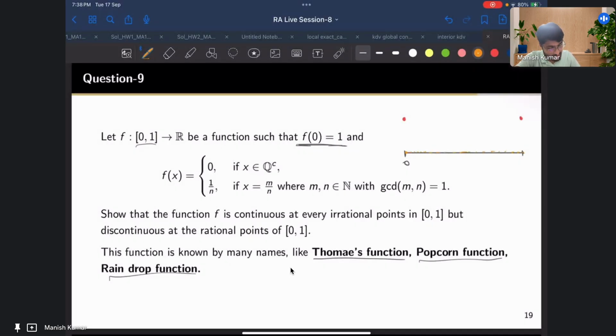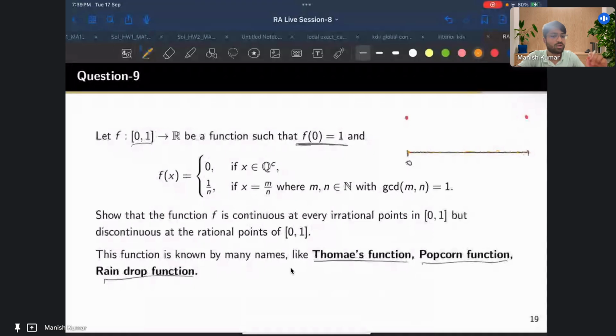Now when it's rational, when you are taking a rational number near 0, then it is of the form 1 by n. So let me take some example. I'll come to the solution anyway, then I'll tell you.